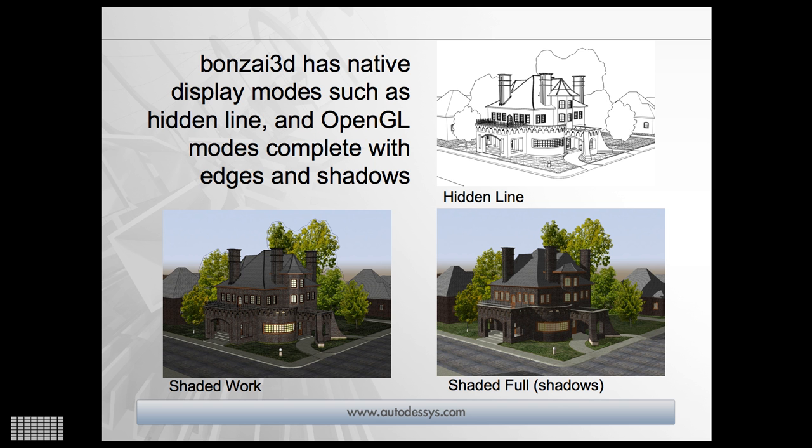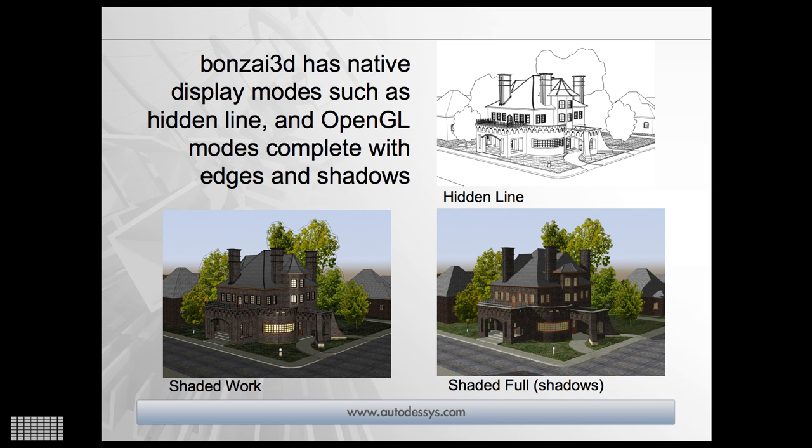If you have bonzai3d alone, you can already show off your models using many included display modes like hidden line, doodle, and two shaded real-time modes that support outlines and shadows and allow you to walk through and navigate around your models in 3 dimensions. These are very rapid ways of visualizing your models.